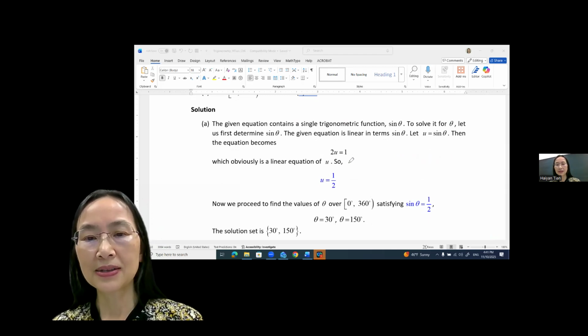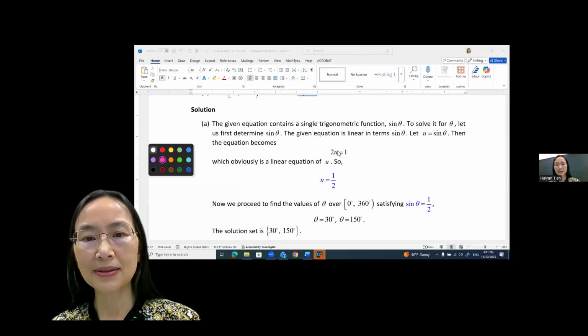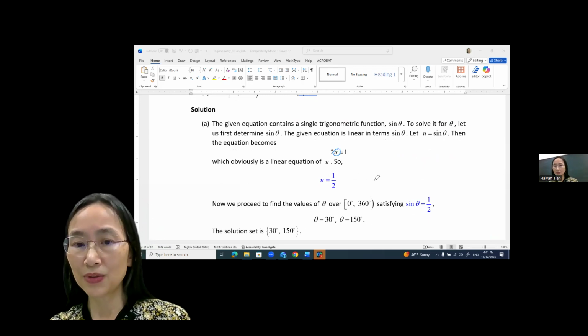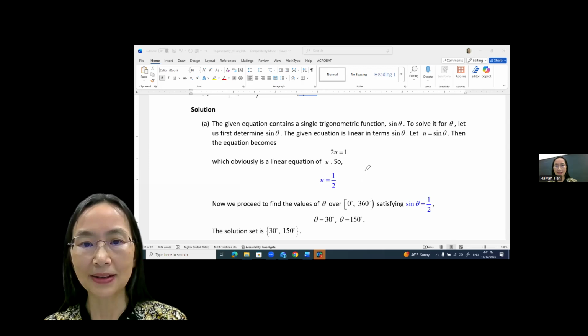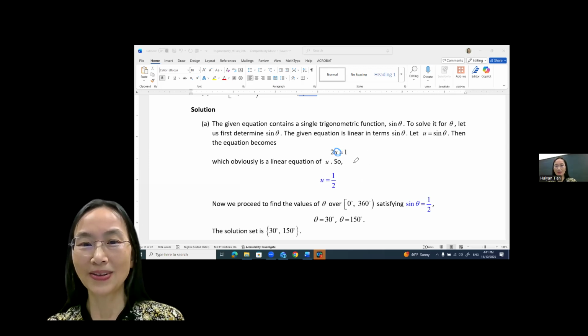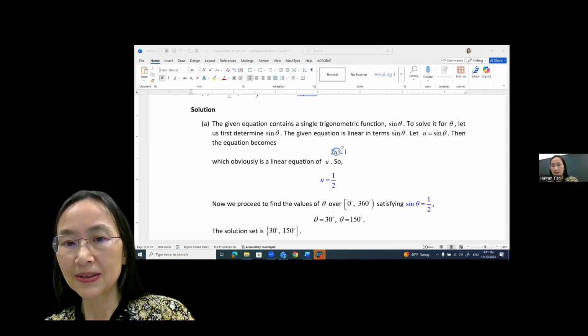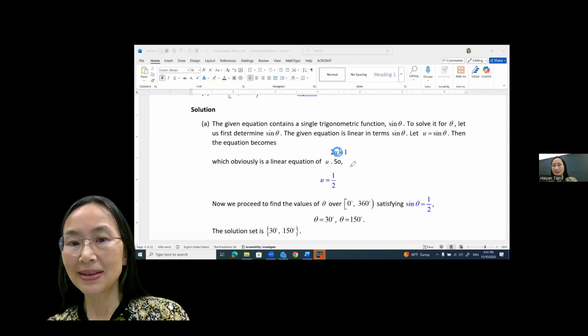So sine theta is half. Here we just treat sine theta as if it is a variable, and we solve for the sine theta. So I call the sine theta a u, which is unknown. I try to find that u first. It's simply a linear equation for that variable, which we call sine theta.